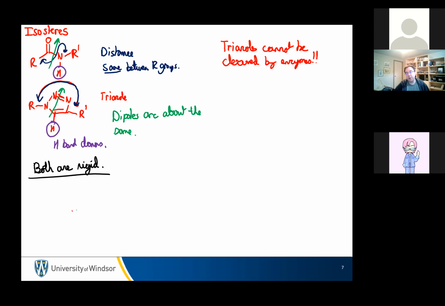So triazoles cannot be cleaved by enzymes. You can't. There's nothing to do. So again, in this case, we're not shifting the reading frame, we're changing the backbone.